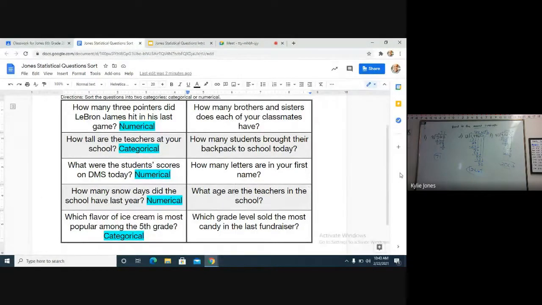How many brothers and sisters does each of your classmates have? You can just put it in. About 30 more seconds.